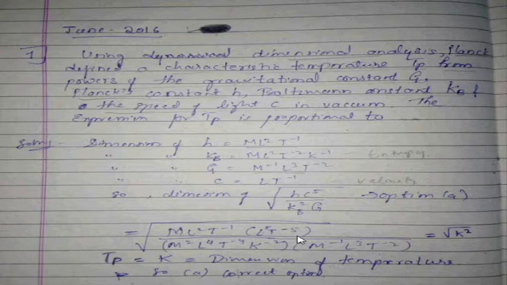After the substitution, we get Tp is equal to K, that is the dimension of the temperature. So the correct option is the given A option. So we have to put the dimensional formulas in these options to get the correct answer.